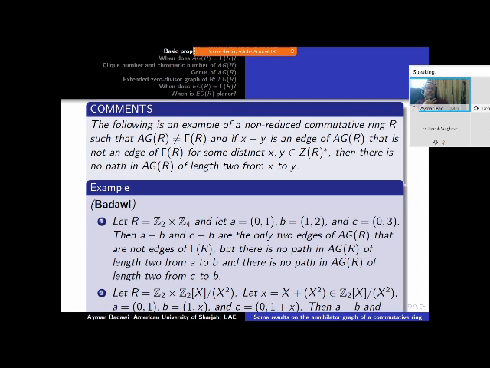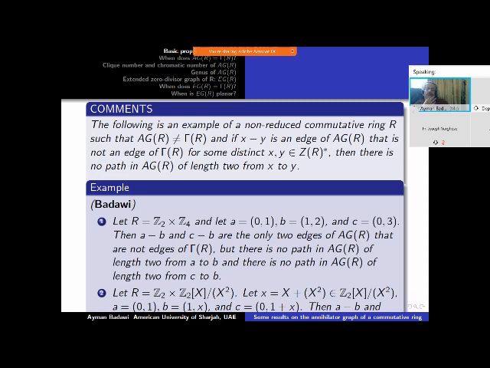But there is no path in the annihilator graph of length 2 from A to B. And there is no path in the annihilator graph from C to B of length 2. That's interesting.